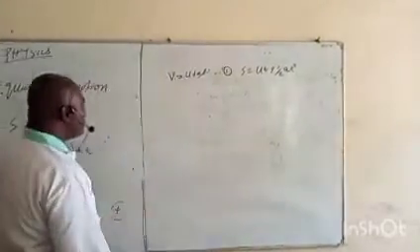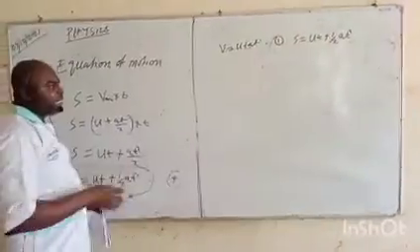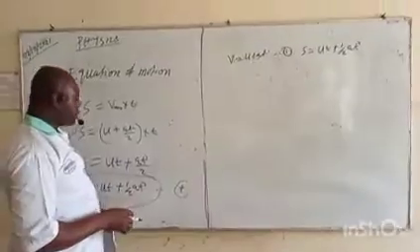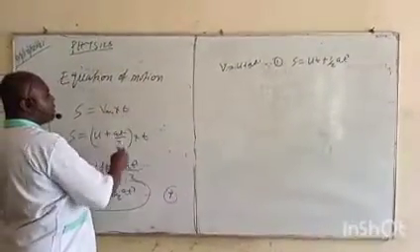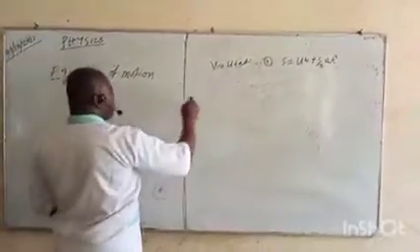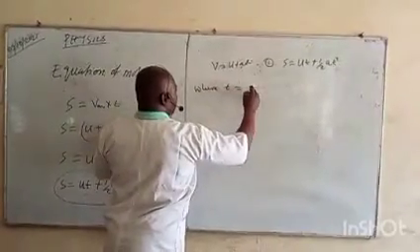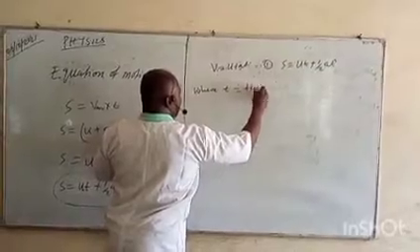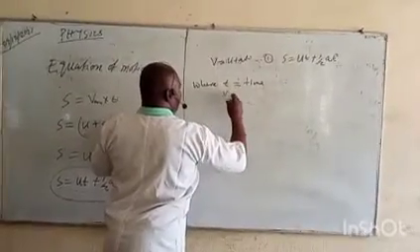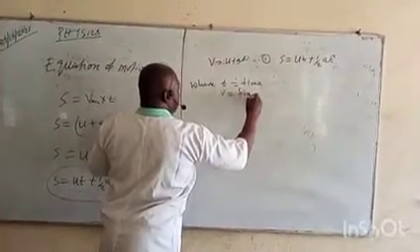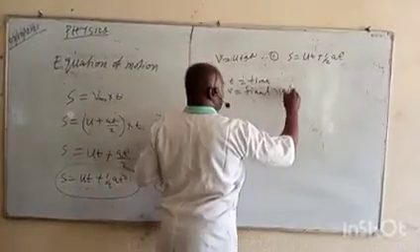First of all, before I go further to explain equation 3, I know that you know what these symbols mean, where T is what? Time. V is final velocity.